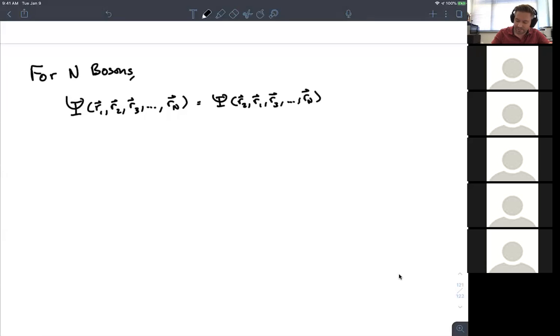And in general, I can say capital Psi of R_P1, R_P2, whatever. So under exchange of any particles, I get exactly the same multi-particle wave function out.